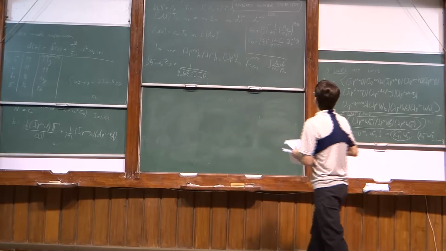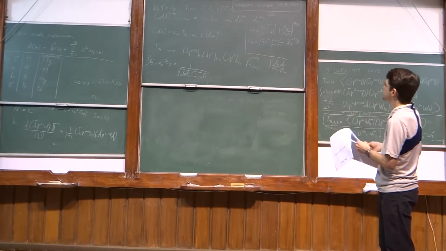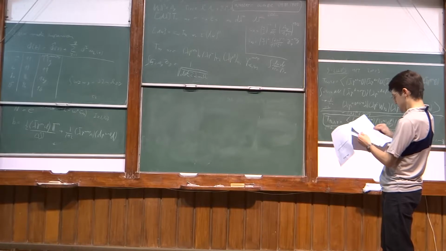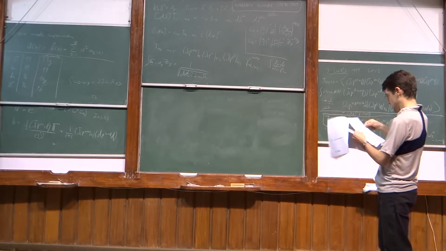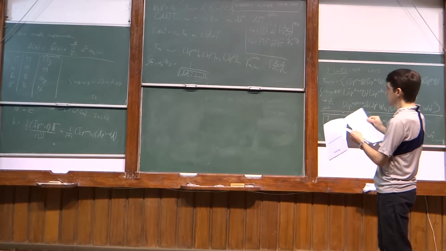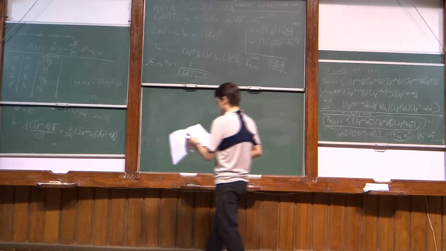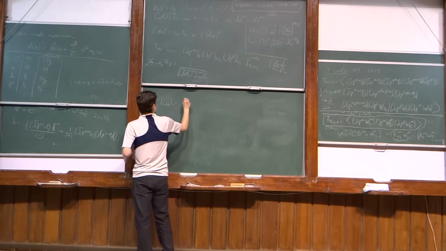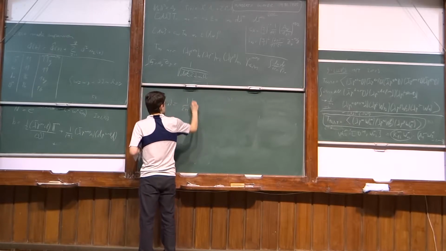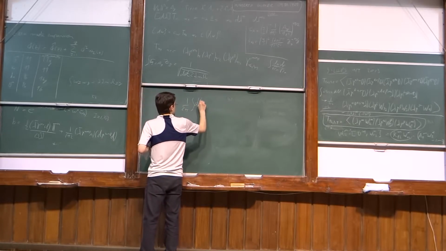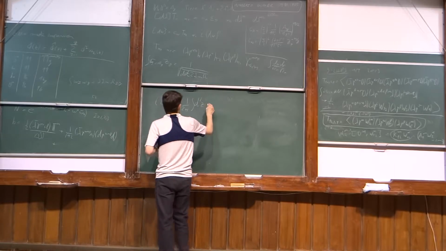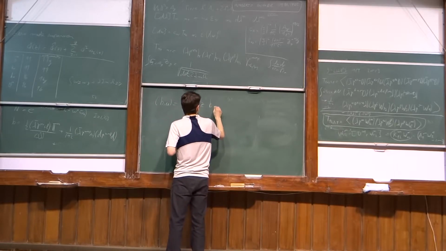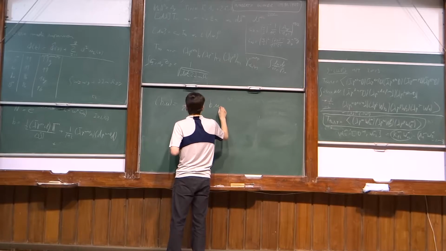Okay, so let me just step back to see what needs to be said. The Beltrami part is this one: integrate over the surface, beta compacted with the Beltrami differential.